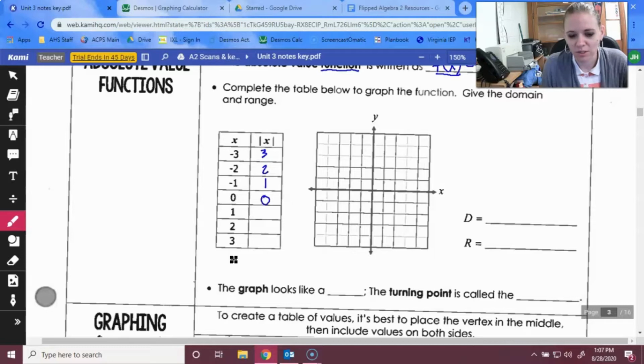The original vertex of any function is 0, 0. And then since it's absolute value, we have no negative values for our y's. And then we can, of course, graph this: 0, 0, 1, 1, 2, 2, 3, 3, -1, 1, -2, 2, -3, 3, and so on.